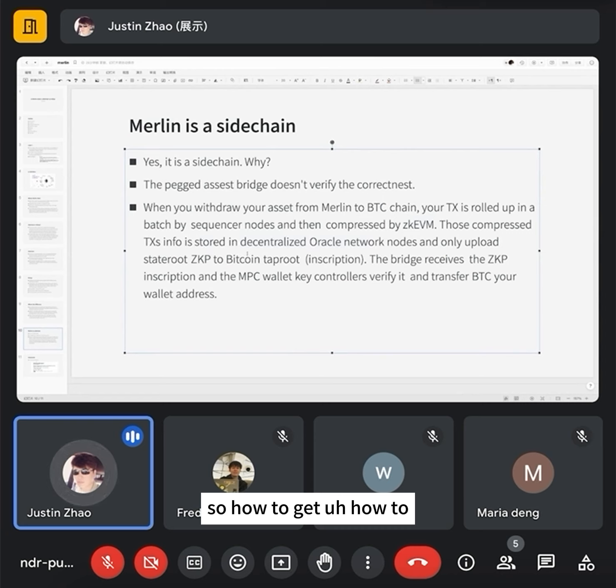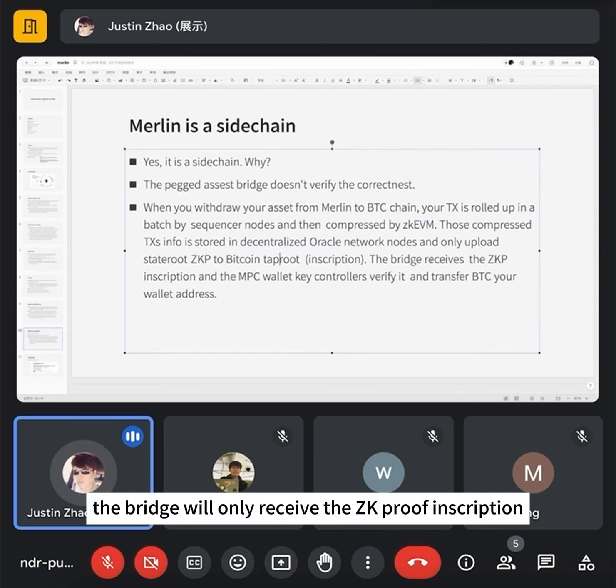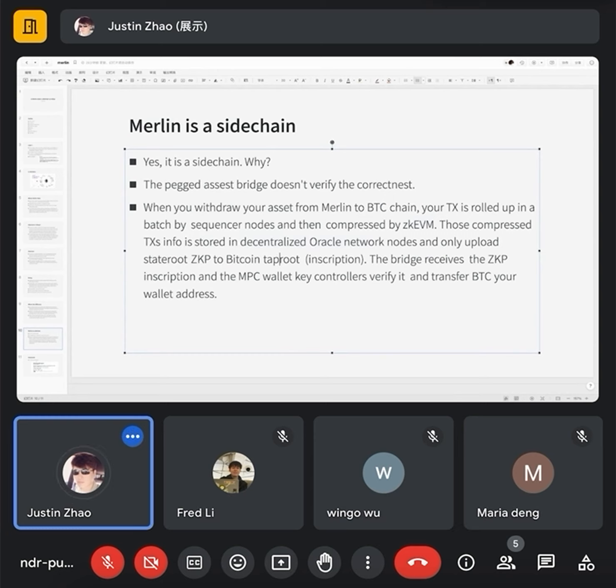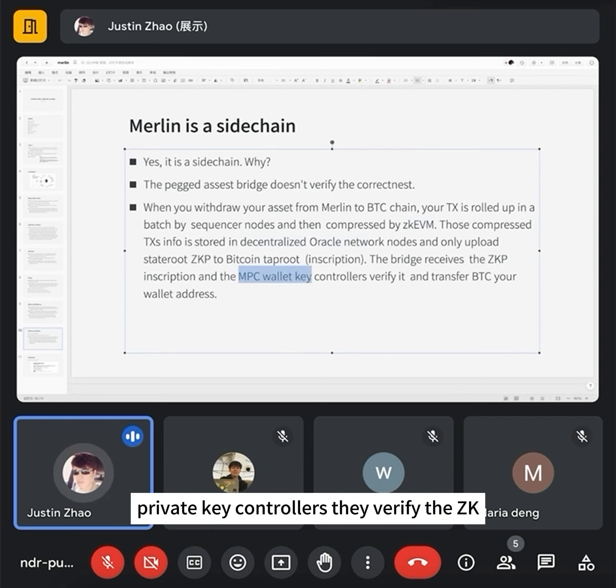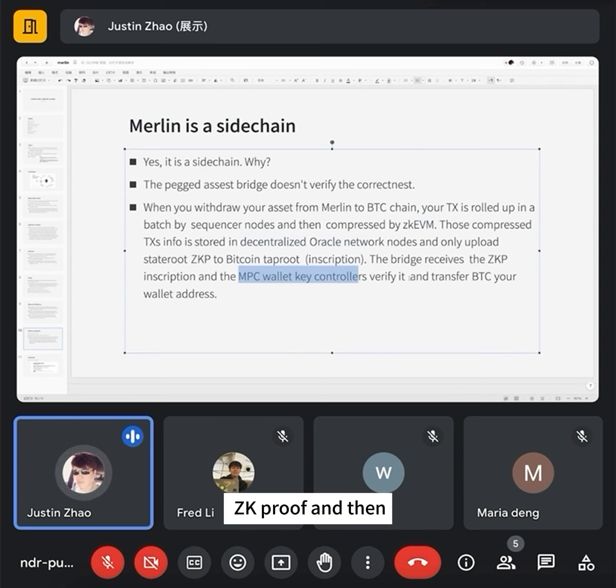So how to verify the information? The bridge only receives the ZK proof inscription, and the MPC wallet key, private key controllers, they verify the ZK proof, and then make a decision.